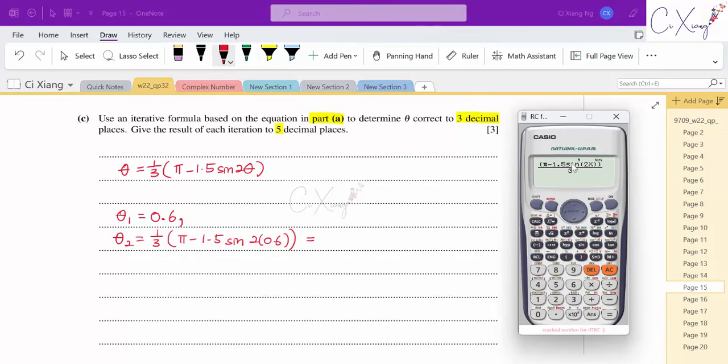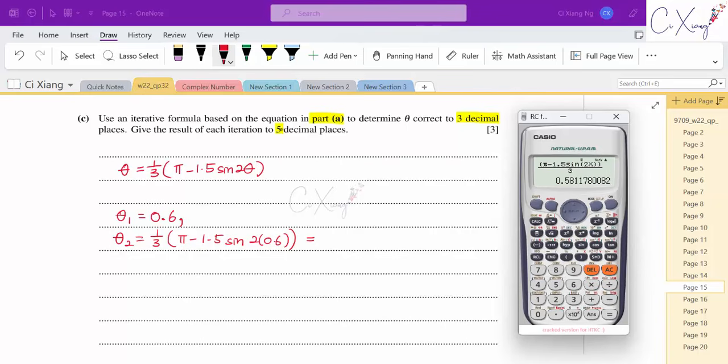Since a trigonometric function is involved here, before my calculation I have to change my calculator into radian mode first. So I press shift, and I make sure that it is in the radian mode, and I have keyed in the iteration formula already. Now we will start calculating the value. First we press the calculation sign, then key in the initial value, which is 0.6, and press the equal sign.